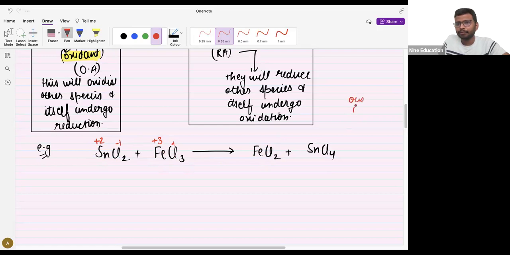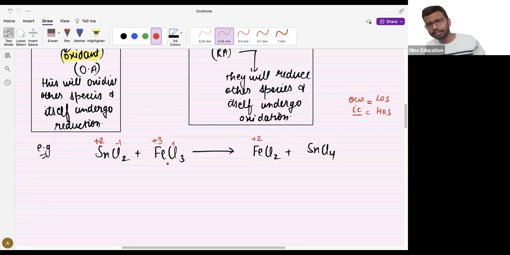You have learned between OUS and IC: OUS will give lower oxidation state and IC will give higher oxidation state. So FeCl2 is lower oxidation state and ferric chloride is higher, that is +3 oxidation state. Similarly, SnCl4 will be +4 oxidation state. Done?